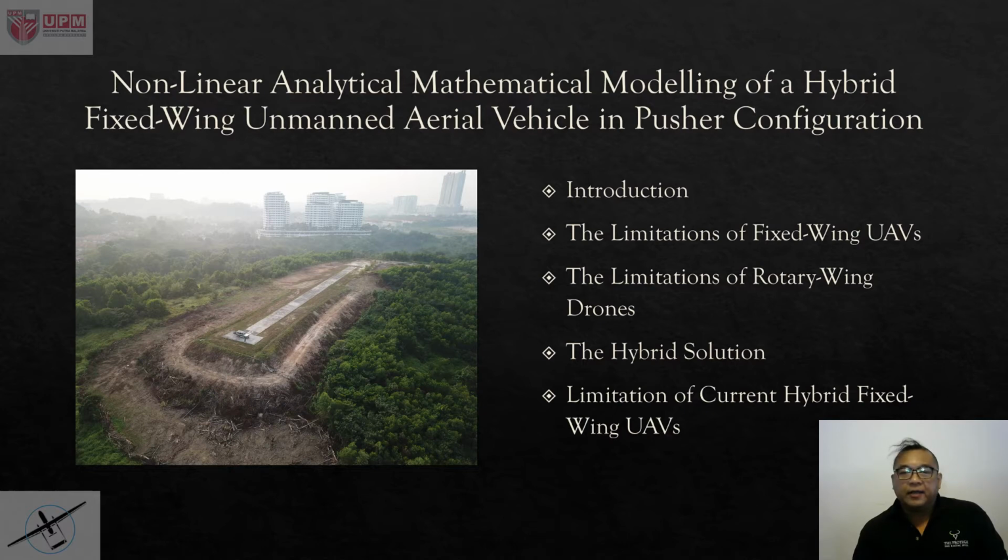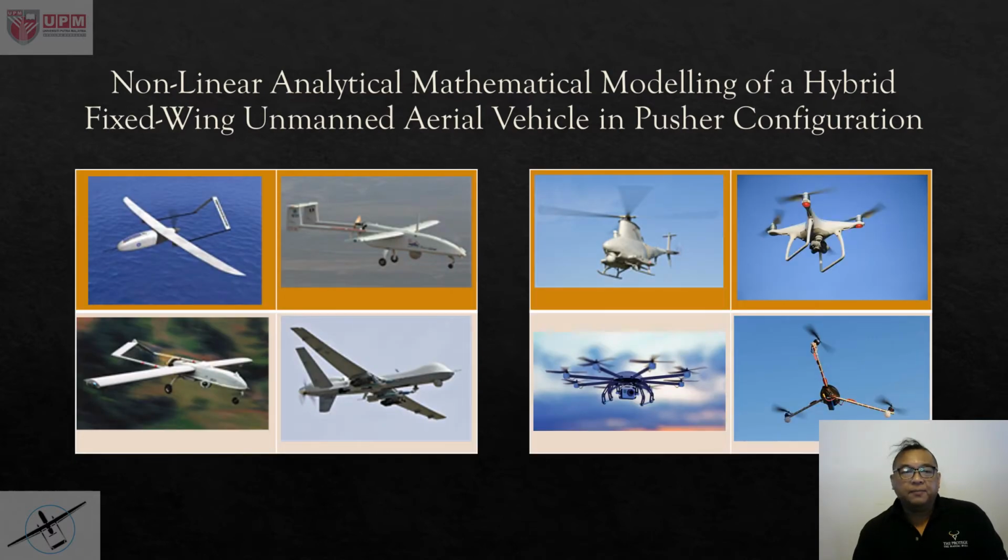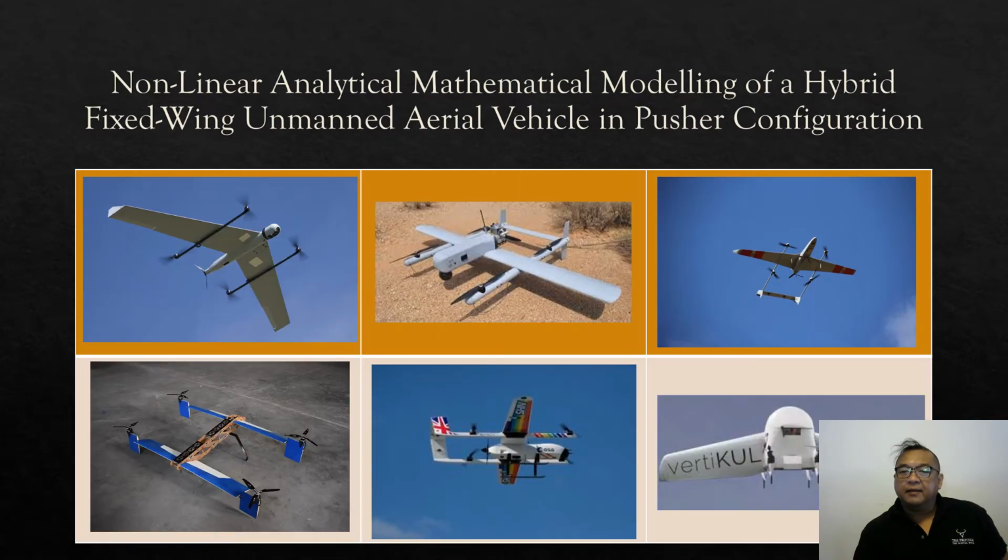So let's look at the problem a little bit deeper. You have the fixed-wing UAV examples on the left hand side here. Then on the right hand side, you have the rotary wing UAVs, aka drones. Then you have the ones that are so-called hybrid that are currently flying today.